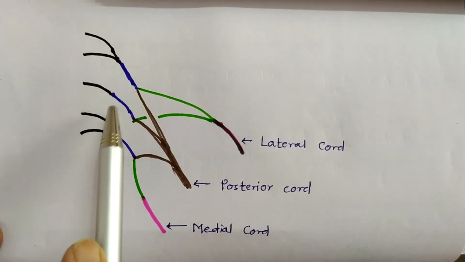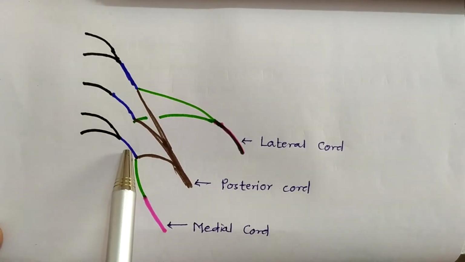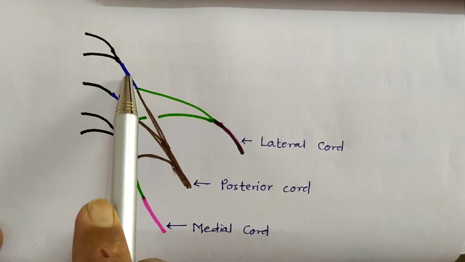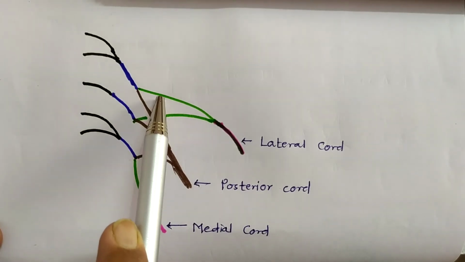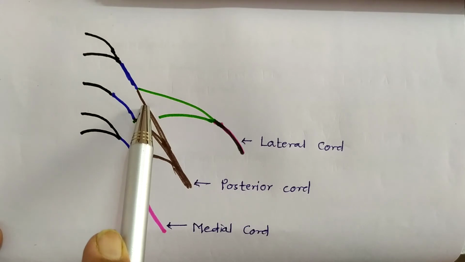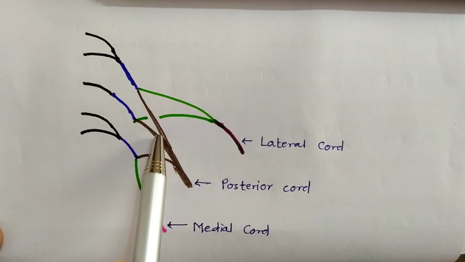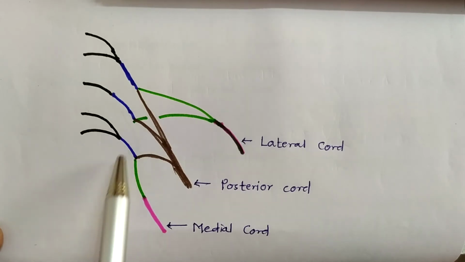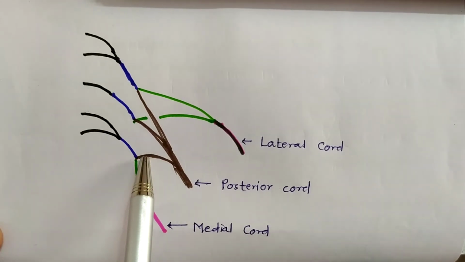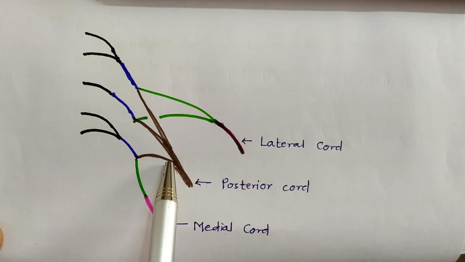The trunks divide into divisions. Every trunk divides into two divisions, ventral and dorsal. Middle trunk also divides into ventral division, dorsal division. Lower trunk also divides into ventral division and dorsal division.